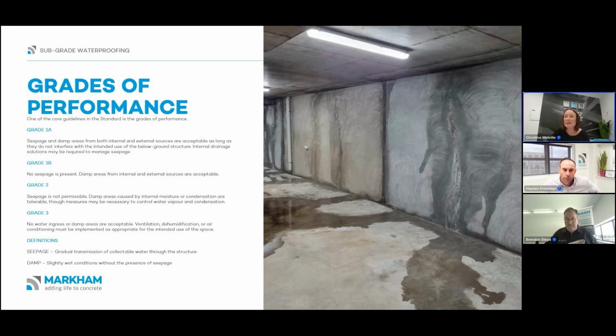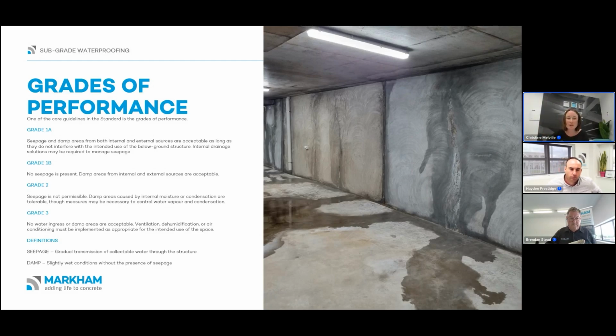So think a low-end basement car park. You might have channel drains to guide that moisture away, but it's not going to impact on the use of the car park. And so grade 1B, the next step up from that, is no seepage present. So you can have damp areas that are acceptable to the client or acceptable for the use of the building, plant rooms, car parks, again, that sort of thing.